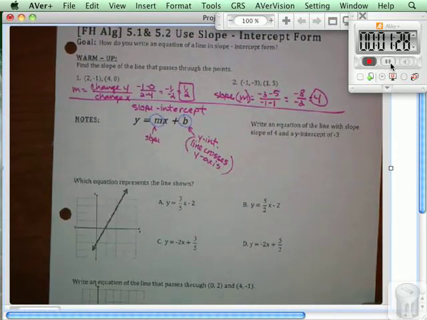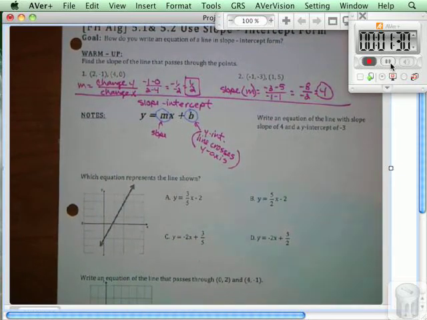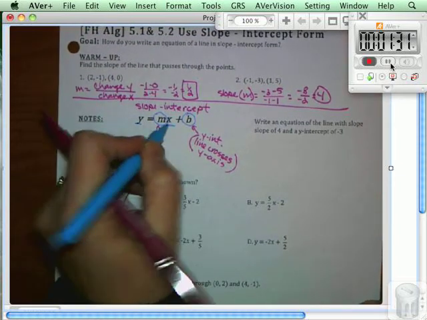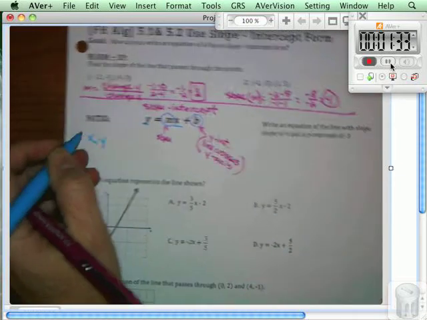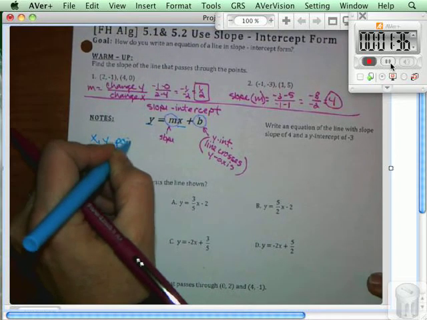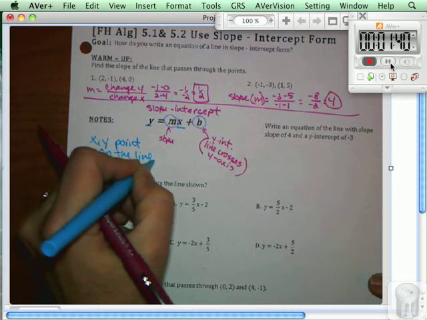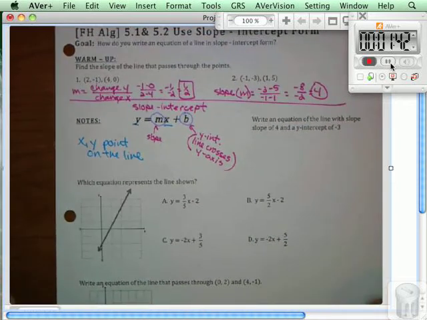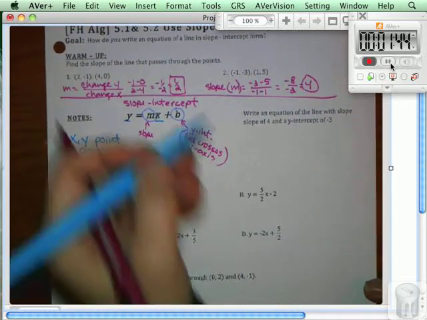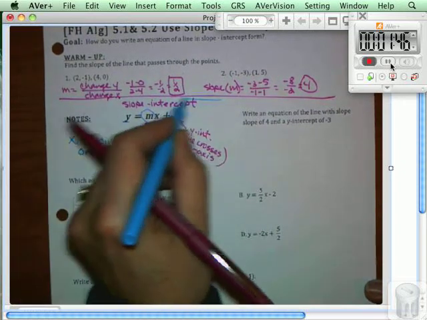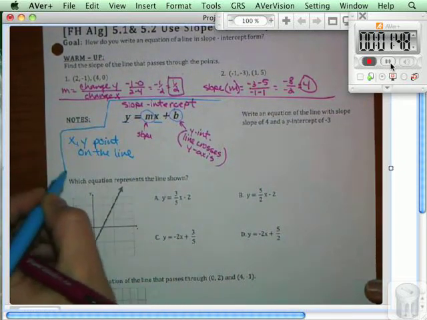And the x and the y are just a point on the line, any point on the line, because a line is made up of a whole bunch of points on the graph. So this is the main thing you're going to be working with today.